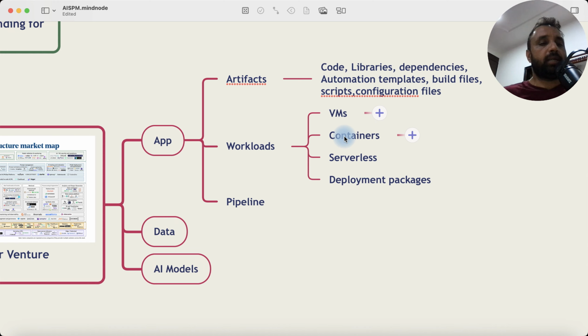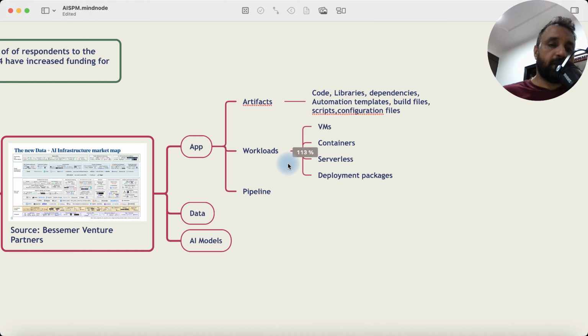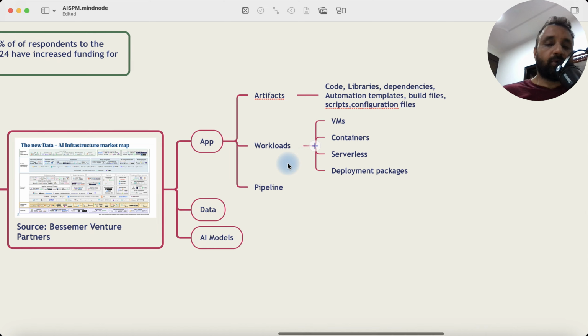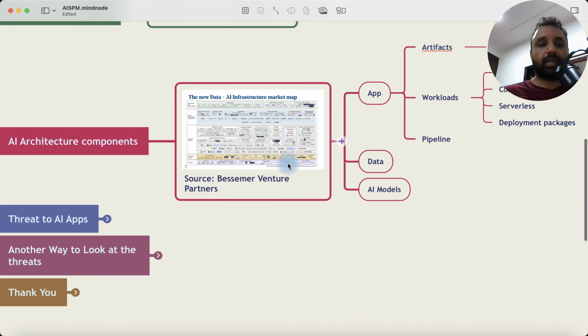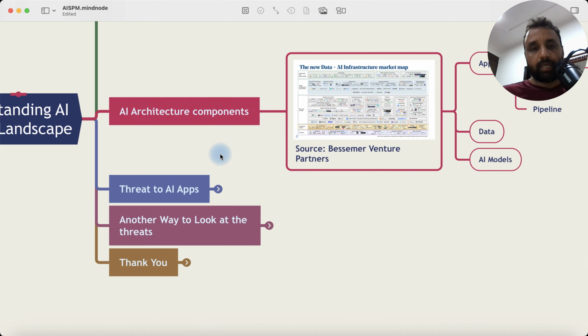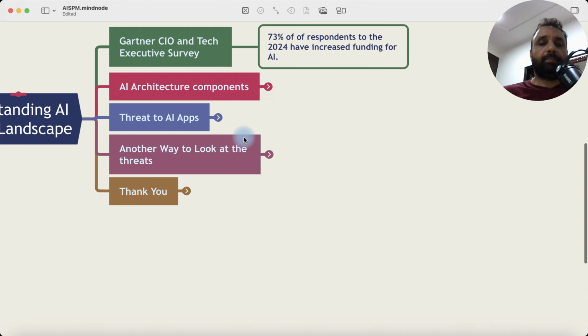The second component is data, and the third critical component is AI models. So app, data, and AI models are the three critical components in an AI architecture. That's very important for you to remember. And based on that, we can start talking about the threats.